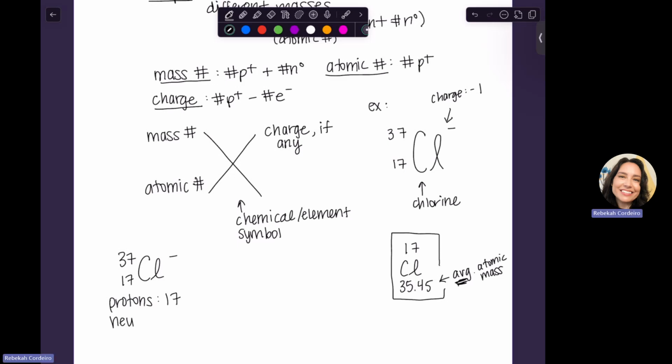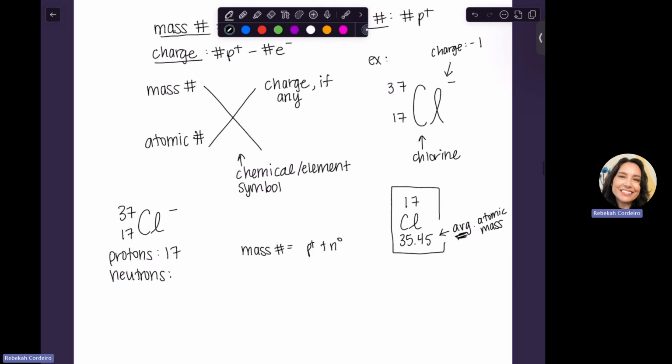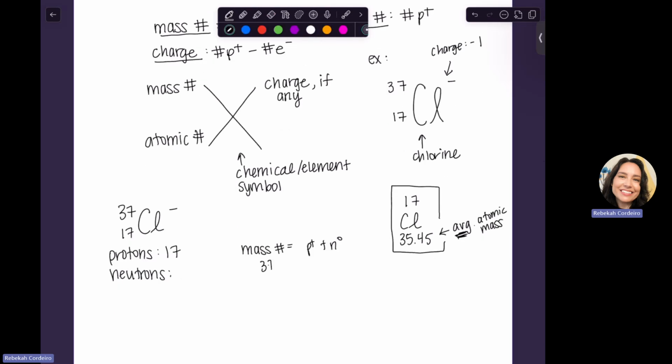The number of neutrons comes from the mass number. So mass number is number of protons plus neutrons. If my mass number is 37, my protons are 17, I can figure out what my neutrons are, right?